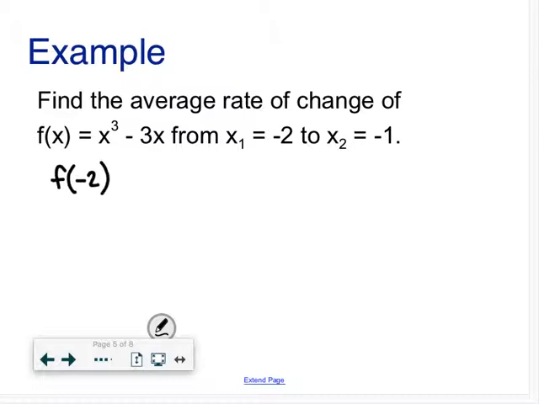So that's my x sub 1. What is the function when x is negative 2? Substitute negative 2 everywhere you see x, and evaluate. That'll be -8 plus 6. So f of -2 is -2.